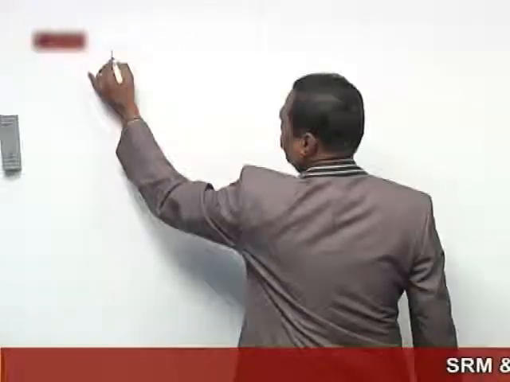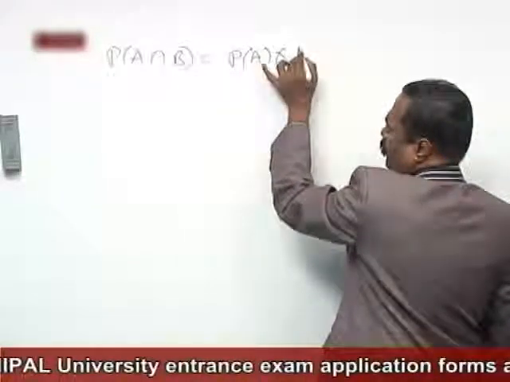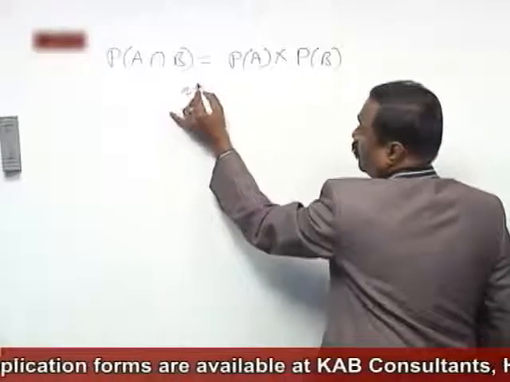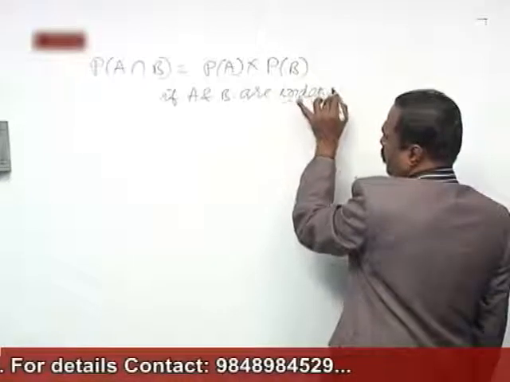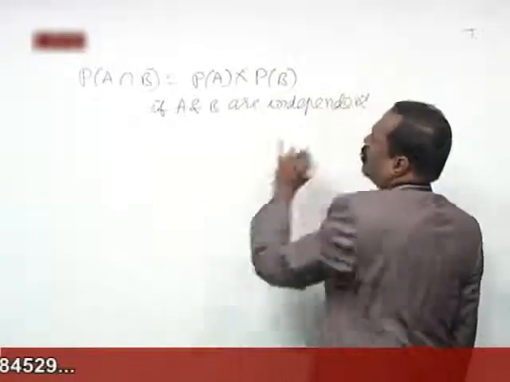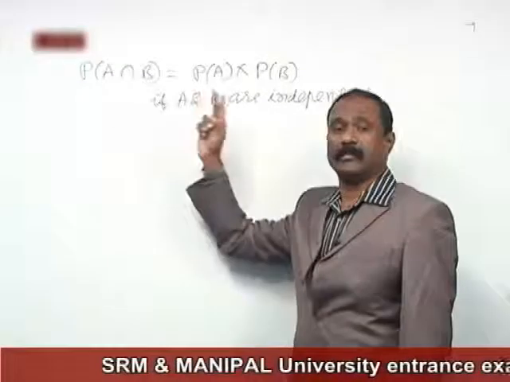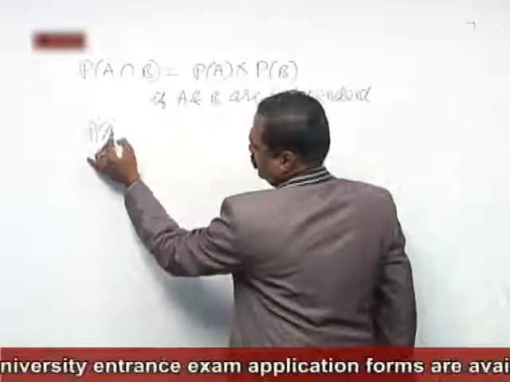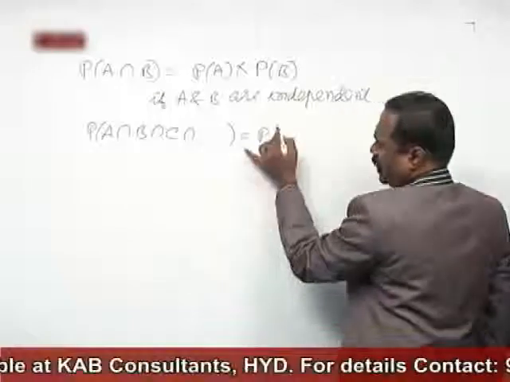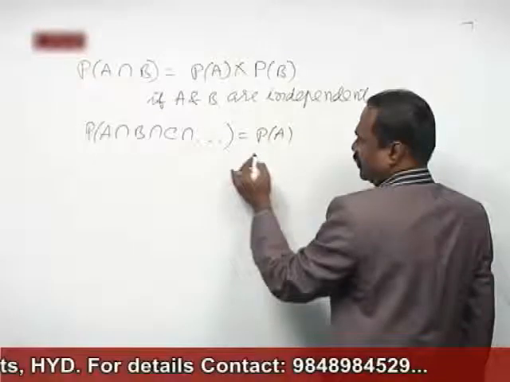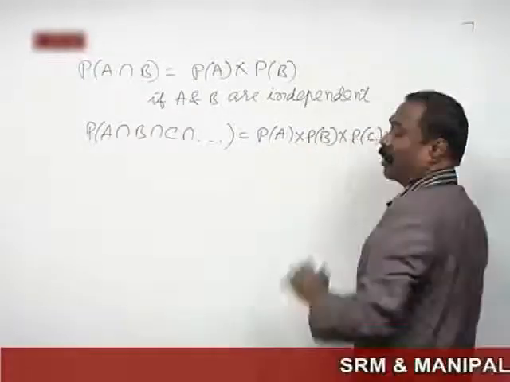If the events are independent, we have seen P of A intersection B is nothing but P of A into P of B. Similarly, it can be extended to any number of events, which is P of A intersection B intersection C and so on is nothing but P of A into P of B into P of C and so on.